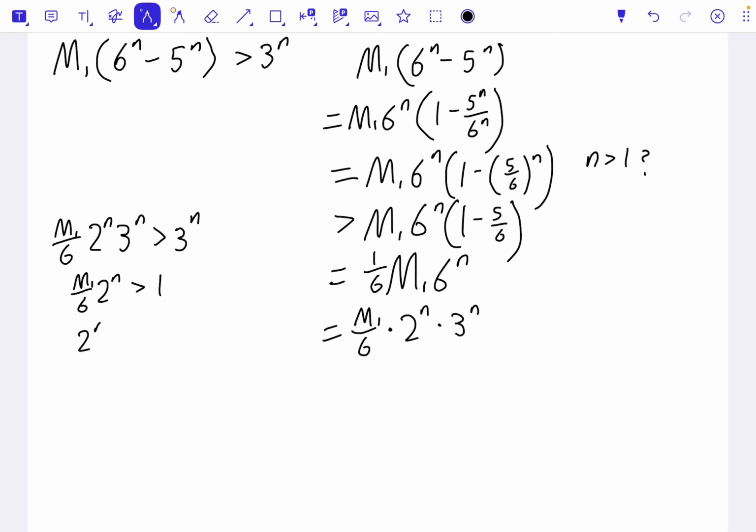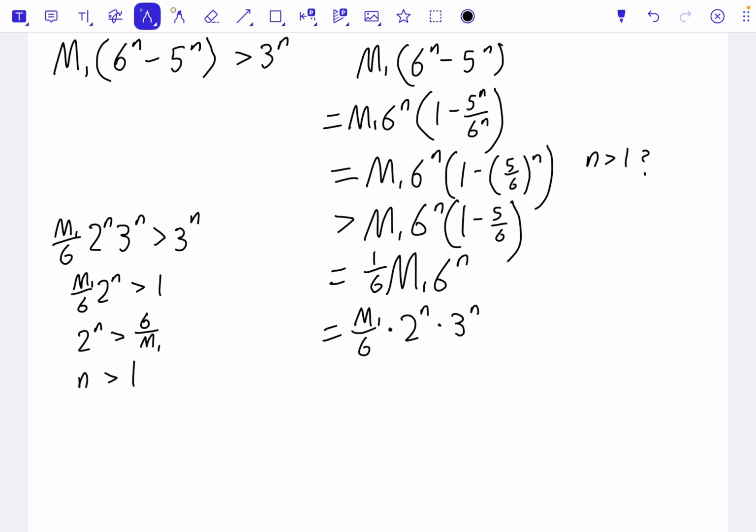Isolate n. And finally, make it in terms of n. This last one is not as clear as most of the operations I've been doing on inequalities.